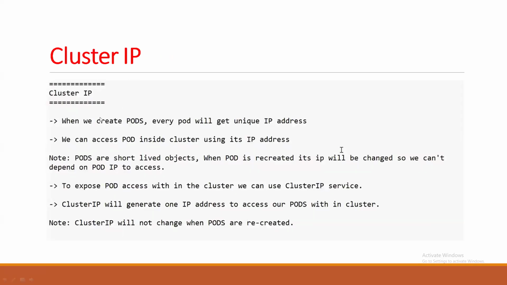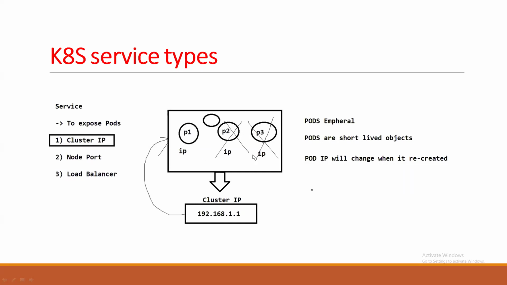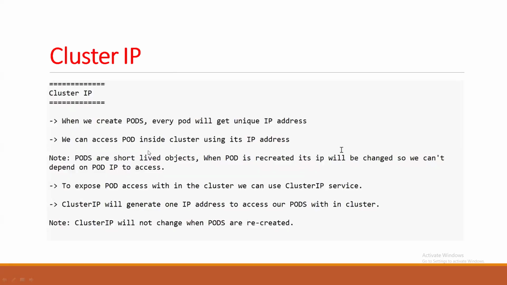Okay, cluster IP. What is a cluster IP? When we create pods, every pod will get a unique IP address. So we can access the pod inside the cluster using its IP address. Only inside. Note, pods are short-lived objects.